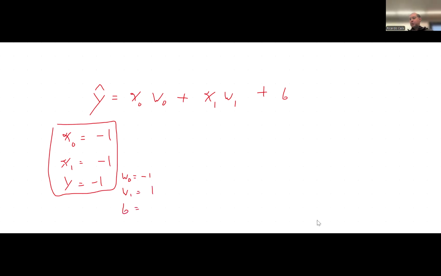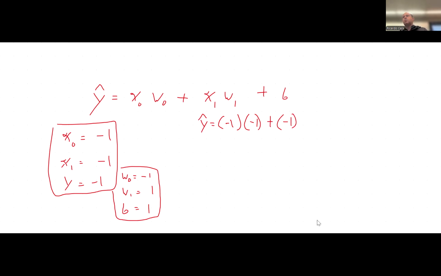So now, as you might imagine, I'm going to plug all the values in the equation. All right, so let's try that. So y hat equals x0 minus 1. Do you guys see that? Then I have W0, which is also -1, plus x1, which is -1. W1 is 1.